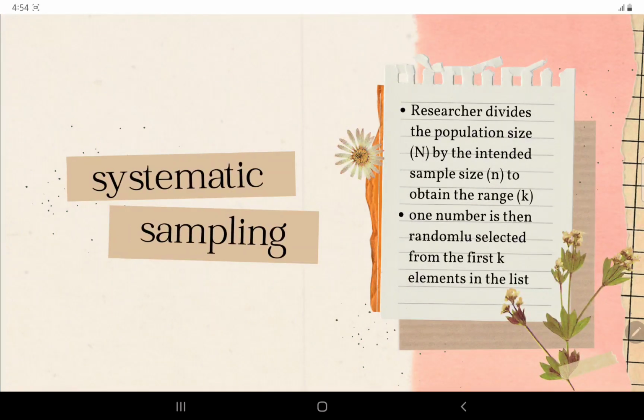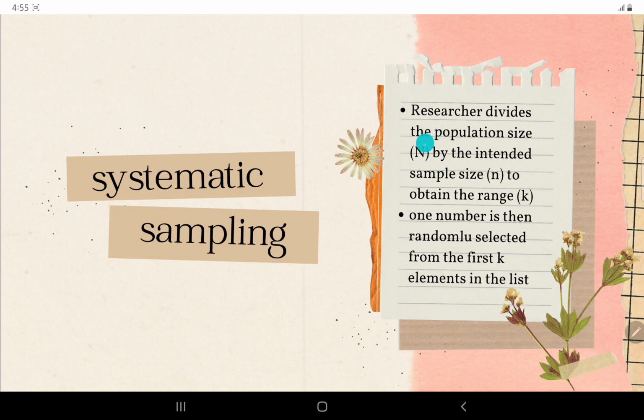Okay, next one is the systematic sampling. Systematic sampling is also used when our population is homogeneous and the sampling frame is available. Okay, in systematic sampling, the researcher needs to divide the population size.